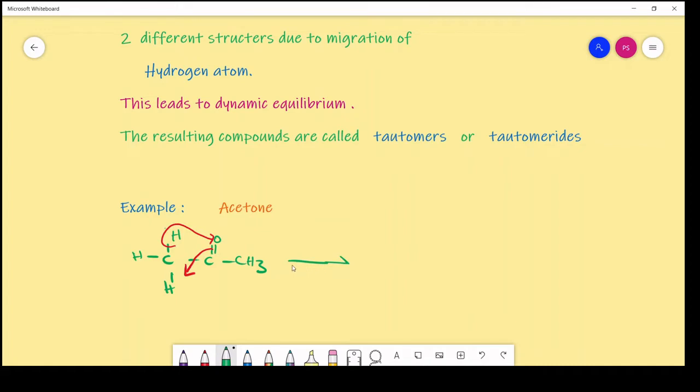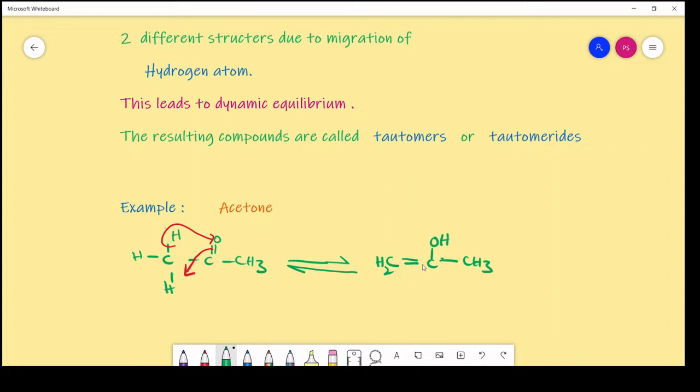Tautomerism forms dynamic equilibrium. The resulting compound is CH2=C(OH)-CH3.